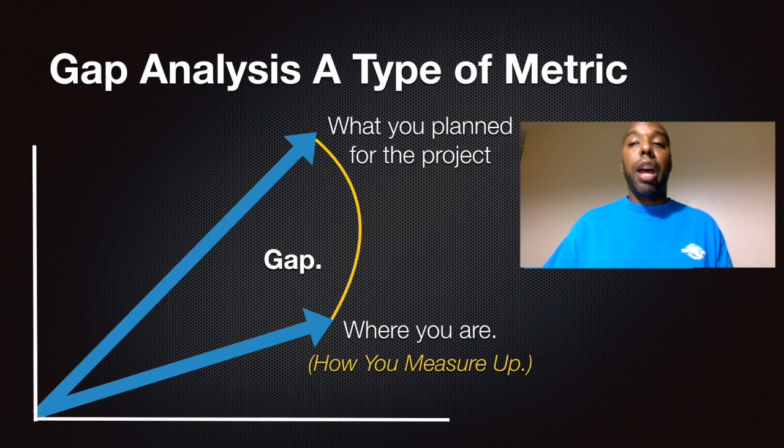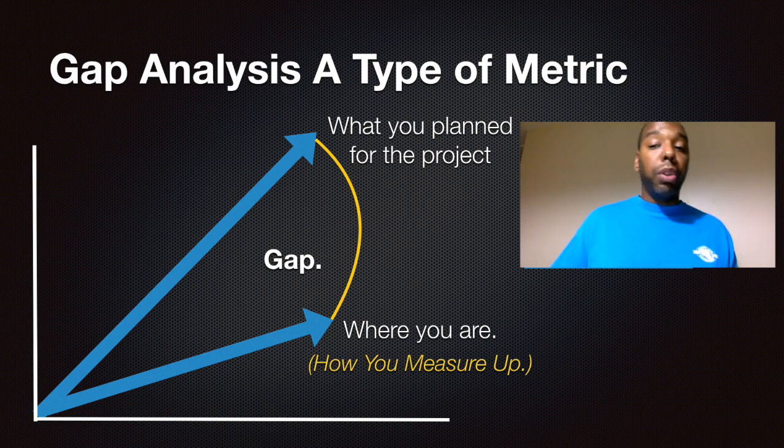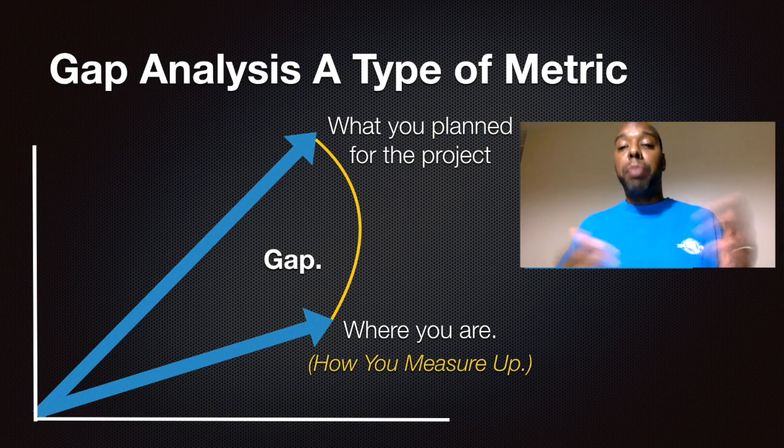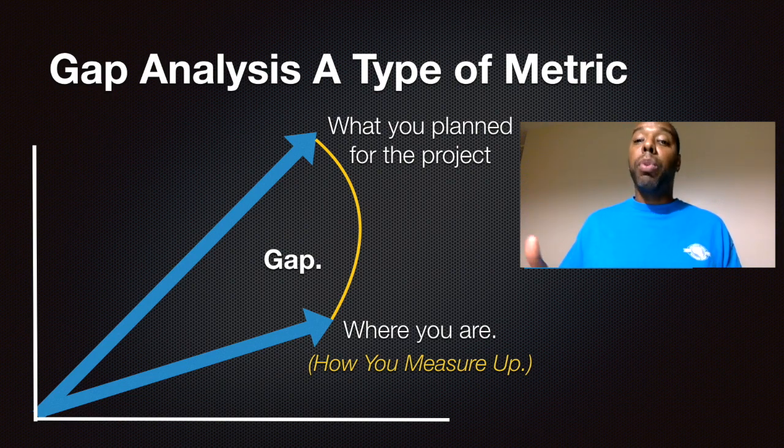Gap analysis is a type of metric. The gap analysis is basically a way to say, here's where you are, and this is where you plan to be, and here's where the gap or the difference is. And so it shows you how far off you are from your original plan. The smaller the gap, the better off you are. But the bigger the gap, the more off you are.